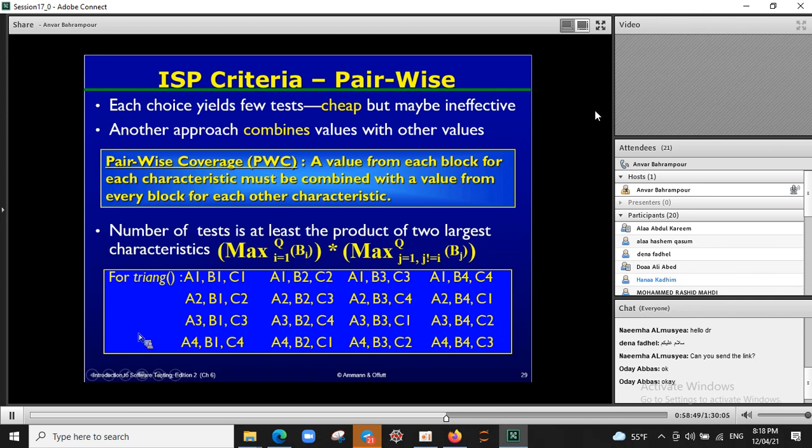By considering the previous rows, we make other possible combinations for each of our blocks. For example, for block A2, all possible pairwise combinations are A2 with B1, A2 with B2, A2 with B3, A2 with B4, and the same A2 with C1, C2, C3, and C4.